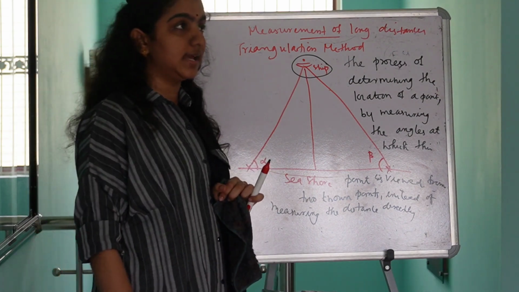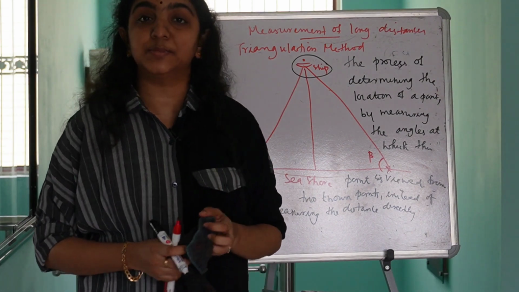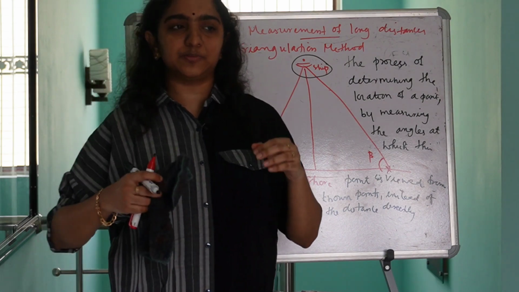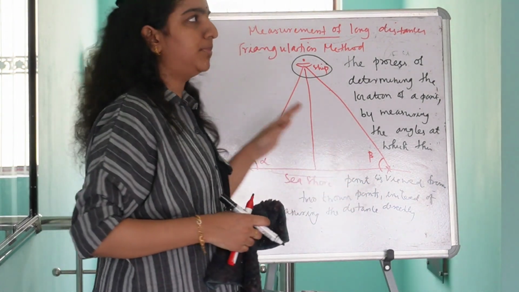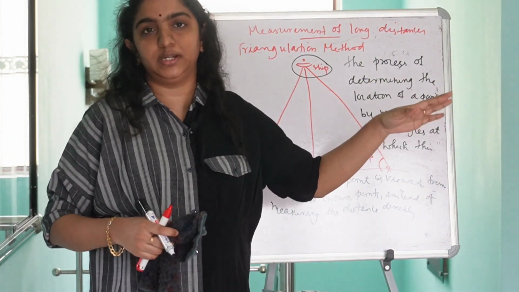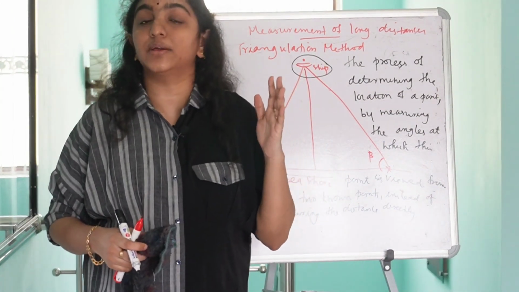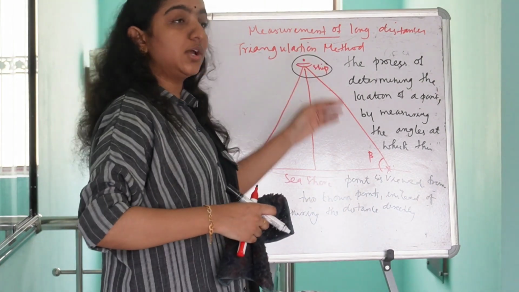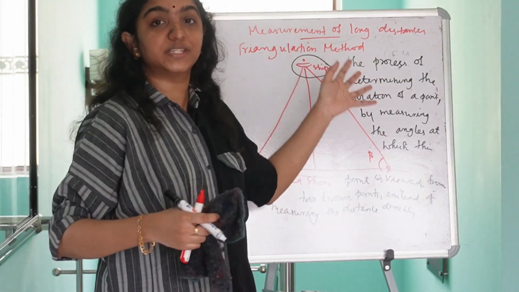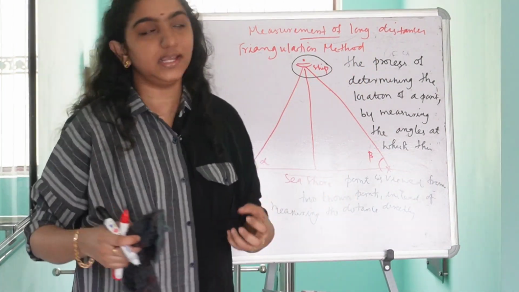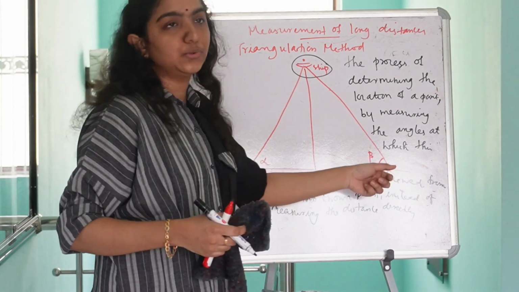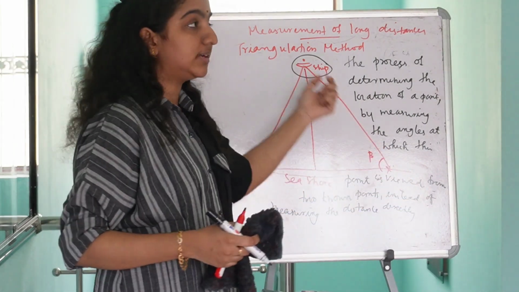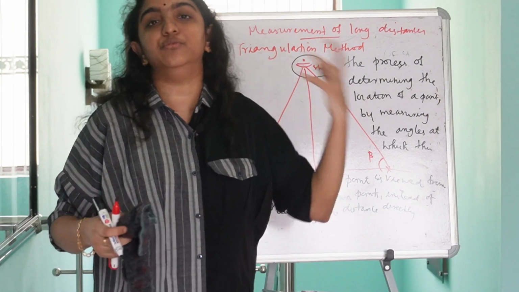Triangulation method? And we can say parallax method is a special application of the principle of triangulation method. So what is the principle of triangulation method? The principle of triangulation method is nothing but instead of measuring the distance directly, we are measuring the angles at which the particular point is viewed, isn't it?